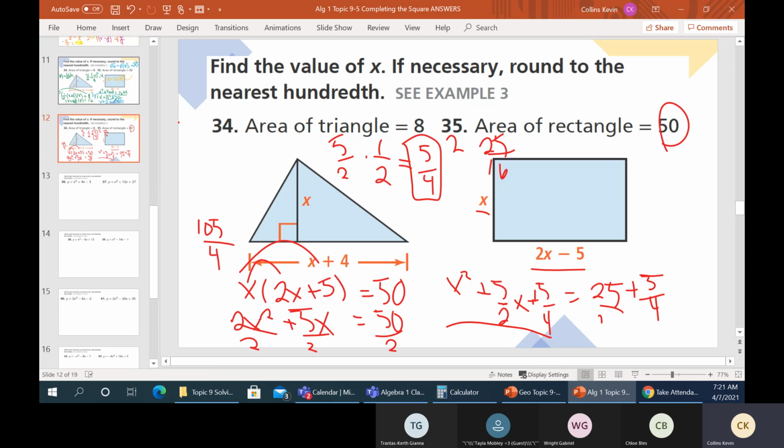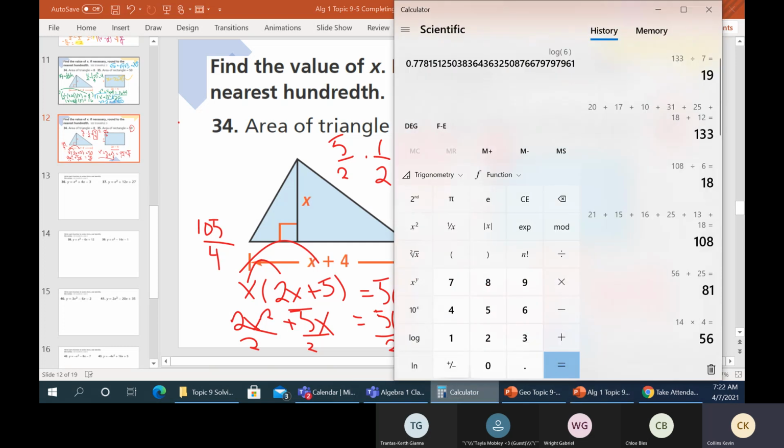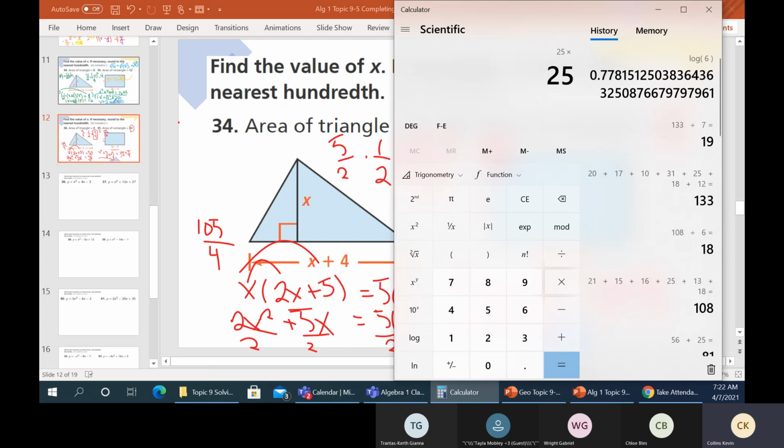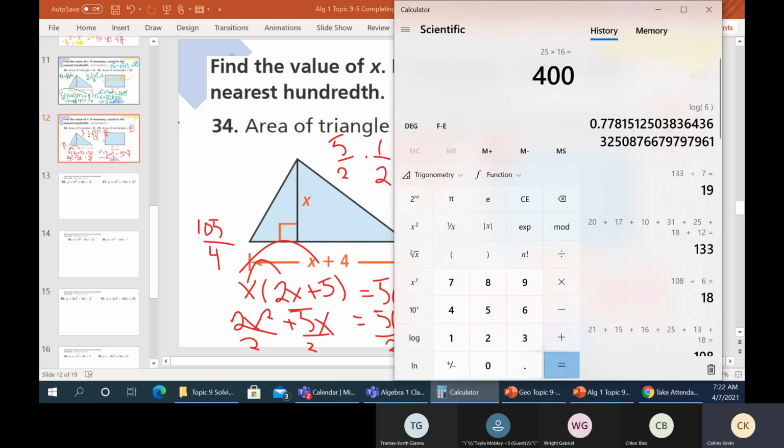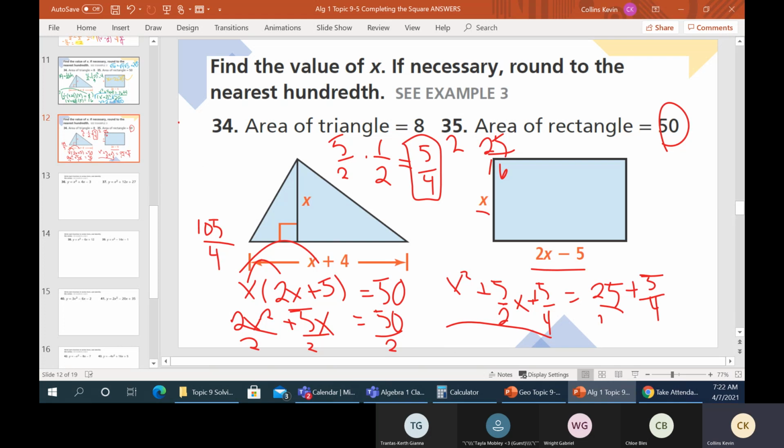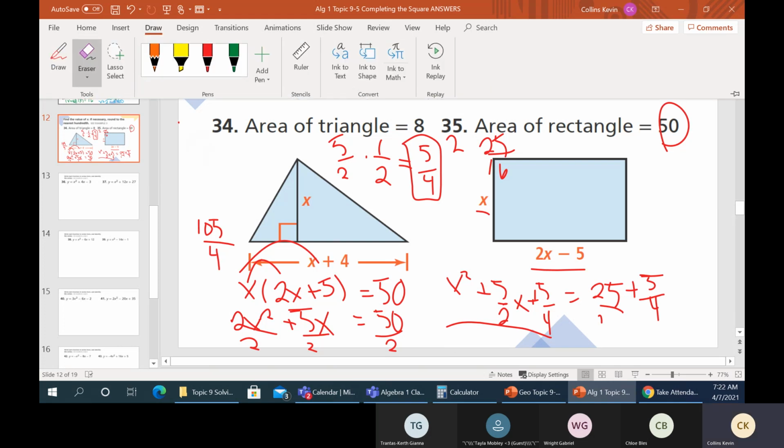So instead of 25 over 1, we need it over 16. So we're going to take 25 times 16. So 25 times 16, it's 400. So this is going to be 400. Get this thing right, that would be awesome.